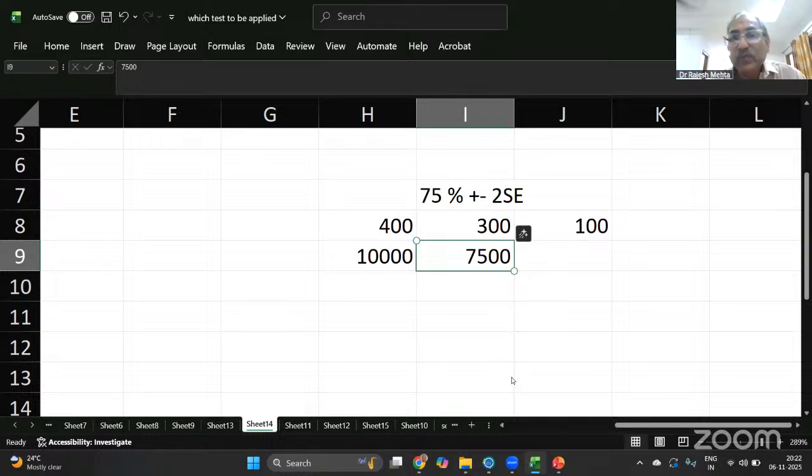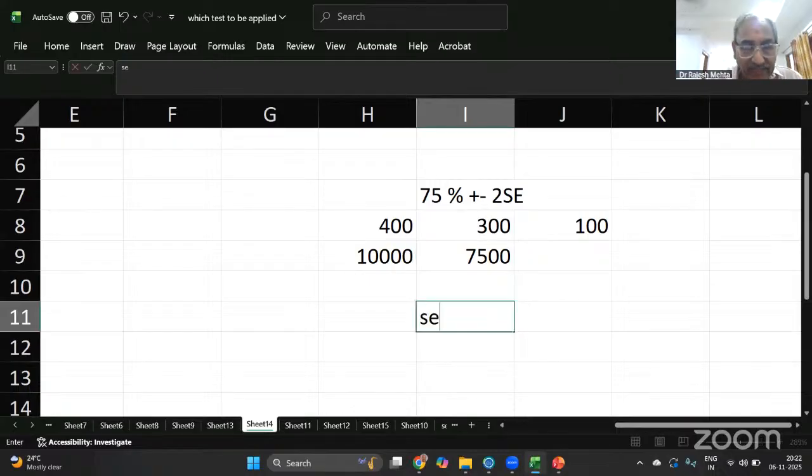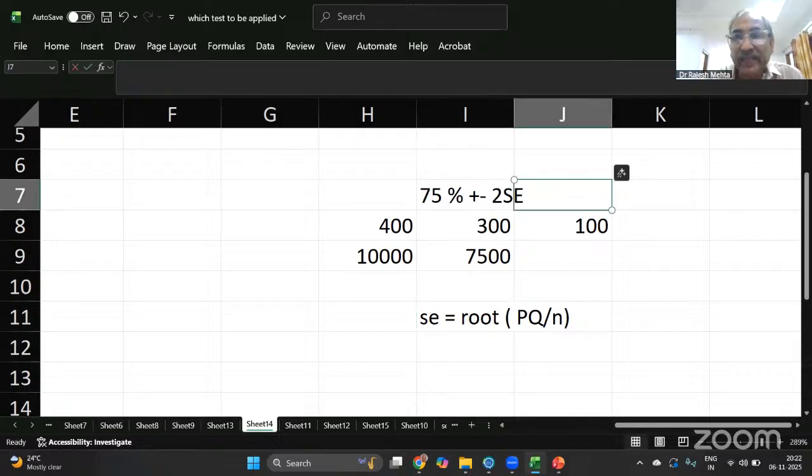That plus minus 2 standard error is the range. So if you want to find out the standard error, then standard error of proportion is equal to root PQ upon N. PQ is 75% into 25%, because the remainder of 100 is 25%. N is 400. So 75 into 25 divided by 400. If you take the root of this, then you will find the standard error. And if you add 75% plus minus 2 standard error, then you will get the population proportion.